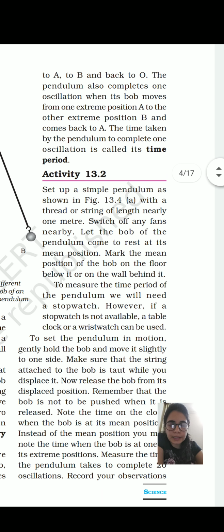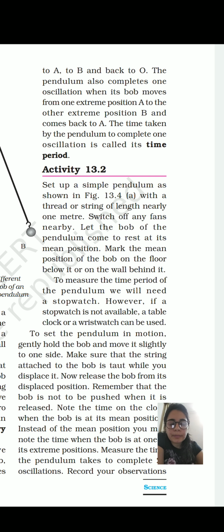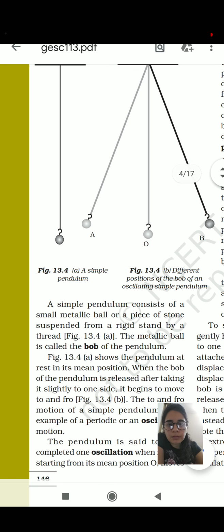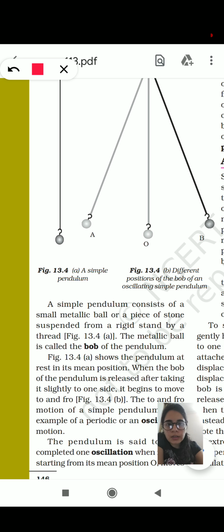Here we have an activity. Set up the simple pendulum as shown with a thread or string of length nearly 1 meter. Switch off the fan so that there is no disturbance. The bob will be stable in its mean position because there will be no fluctuation.